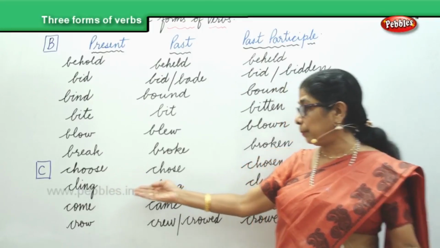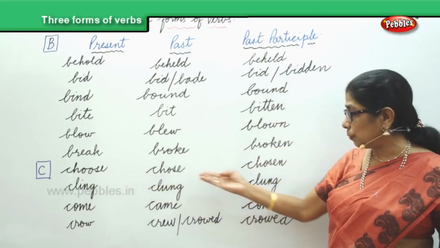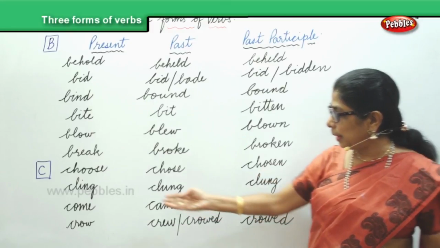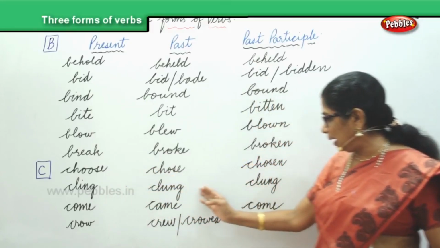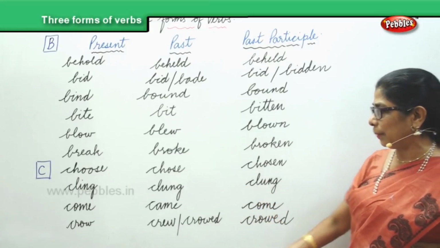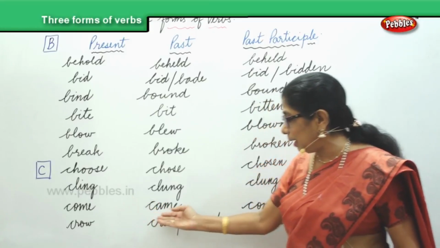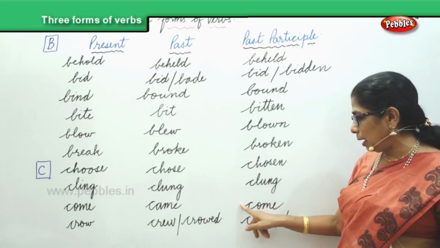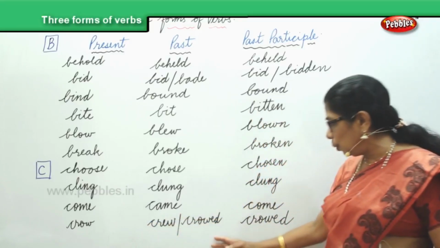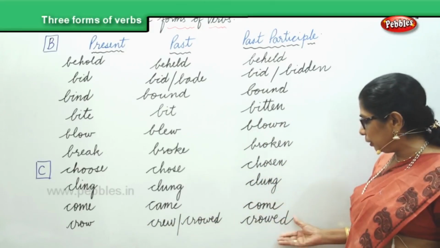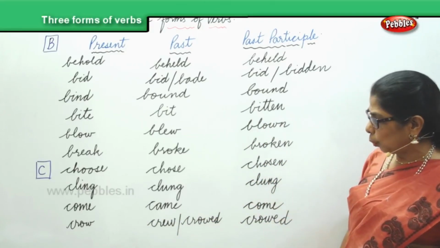You're choosing something, you chose, chosen. Then cling, that means hold on. Cling, clung, for the past participle also clung. Come, came, for the past participle also come only. Finally, crow, crew or crowed, even for the past participle, it crowed.